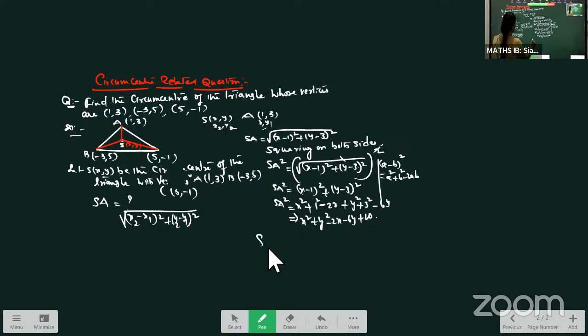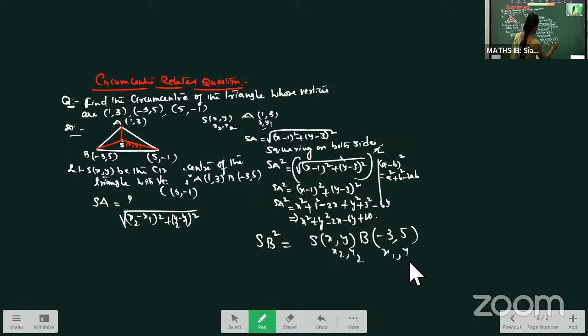For this SB², I'm not writing the square root directly, I'm going for SB². Here S is nothing but (x, y), and B is your point (−3, 5). So this is your (x2, y2) and this is your (x1, y1).